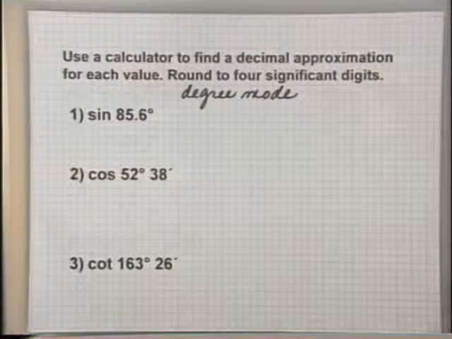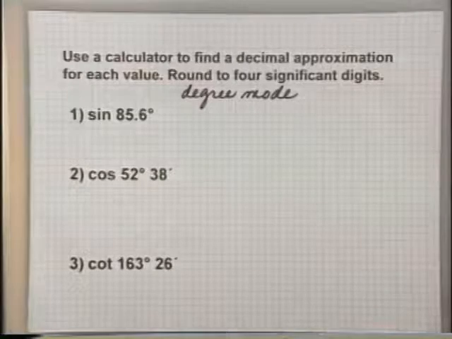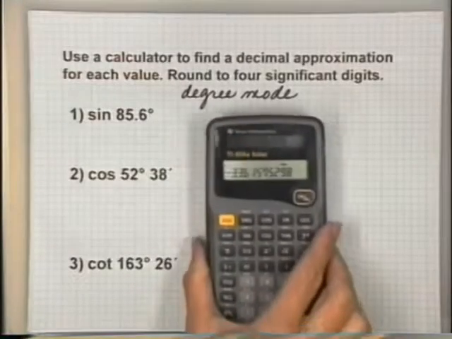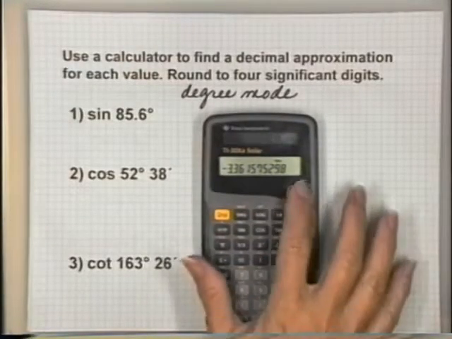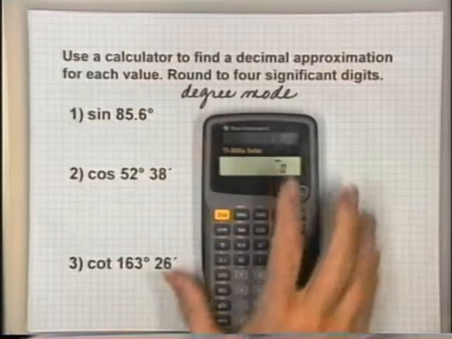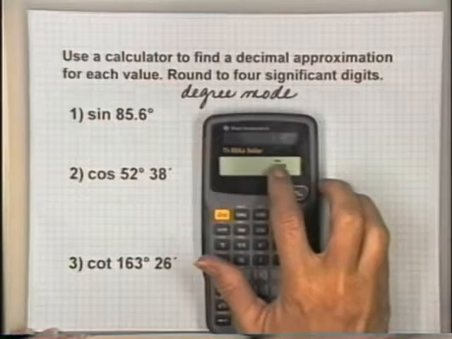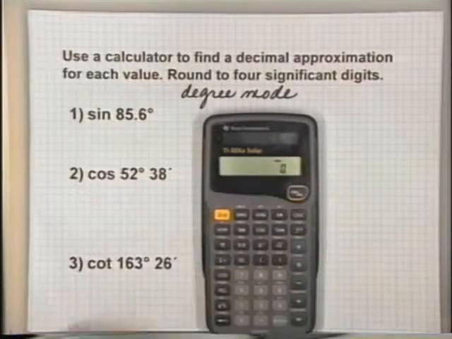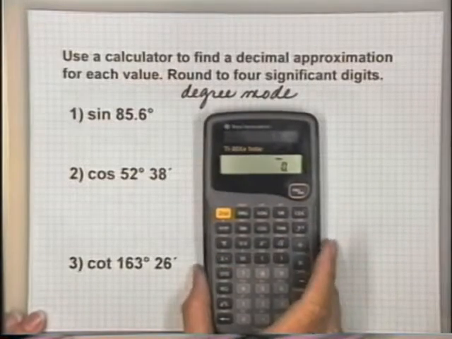So I'm going to use these two types of calculators. For a regular scientific calculator, when you turn it on, it's in degree mode. This one says DEG right there to tell me it's in degree mode.